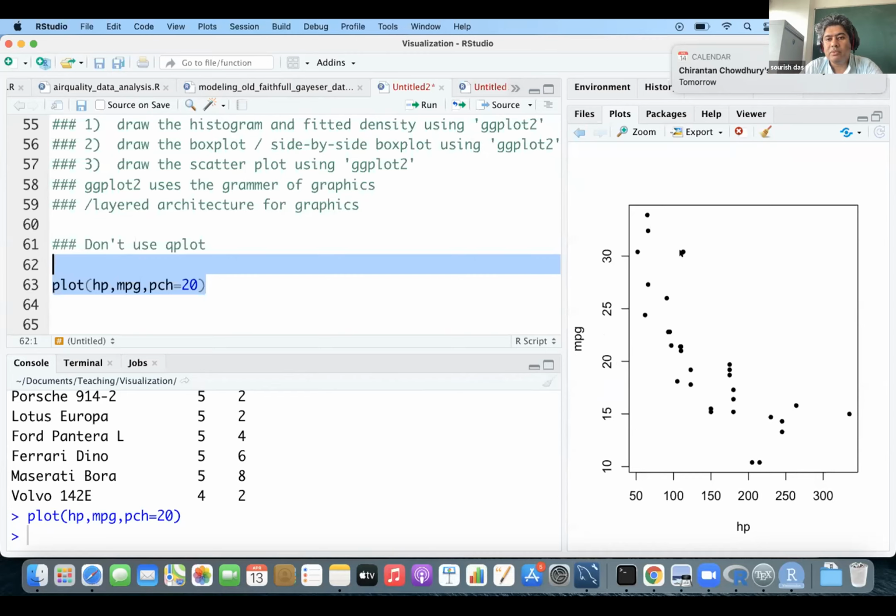But is it a linear behavior or a quadratic behavior? What do you think? A quadratic behavior. Looks like a quadratic behavior, I mean a non-linear behavior.